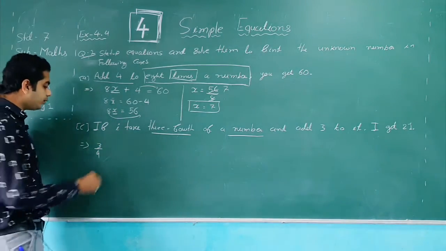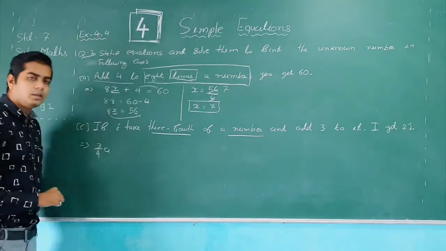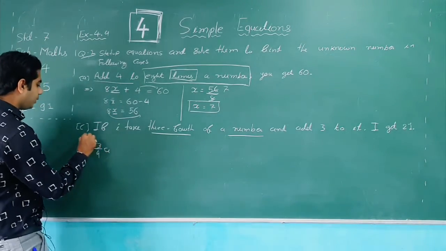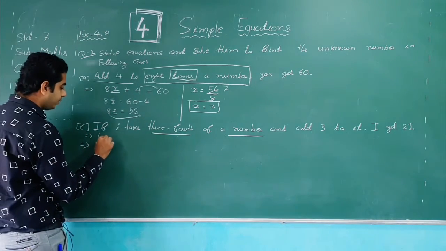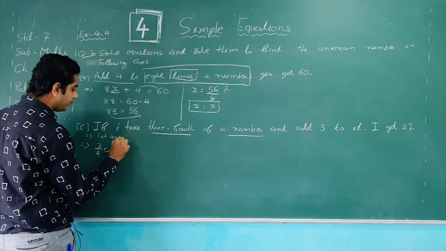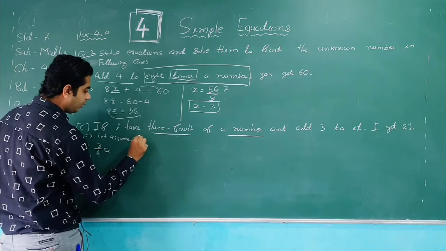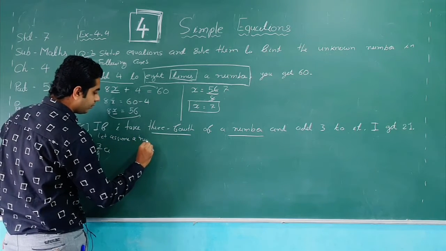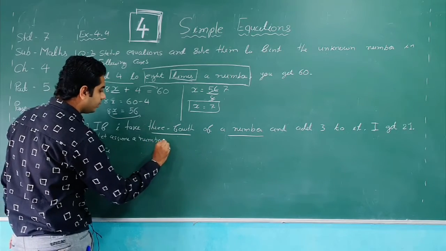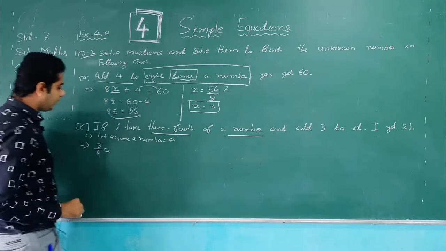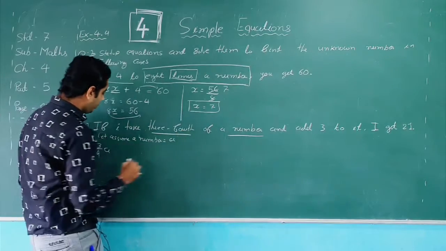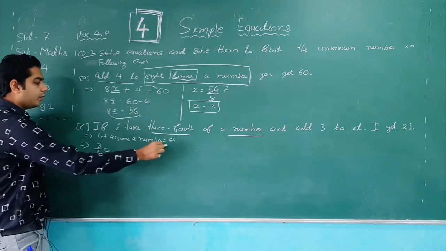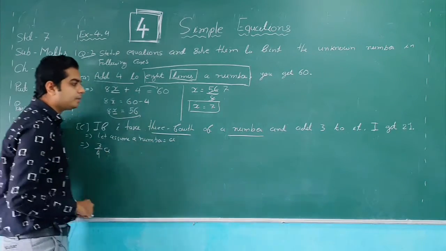So this time I will use a. Let us assume a number is equal to a, right? So 3/4 of a number, 3/4 of a number क्या है? 3/4 of a.